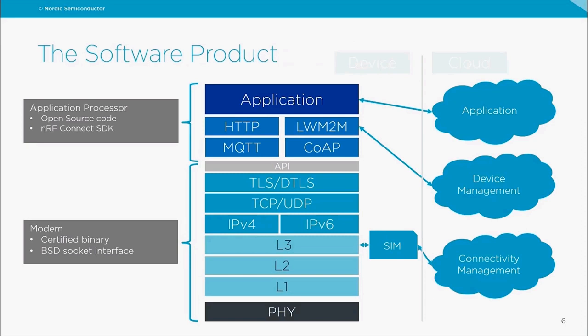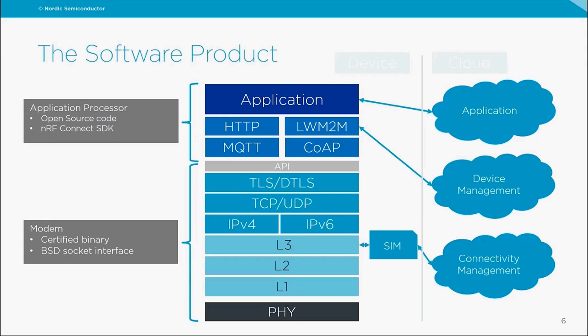The LWM2M device management with FOTA and diagnostics typically connects to a device management service in the cloud, and then the SIM card, or eSIM depending, connects to the MNO or MVNO and their connectivity management platform. These platforms can also, of course, be integrated in the cloud, or they can all be the same server, but the typical split is as shown here.